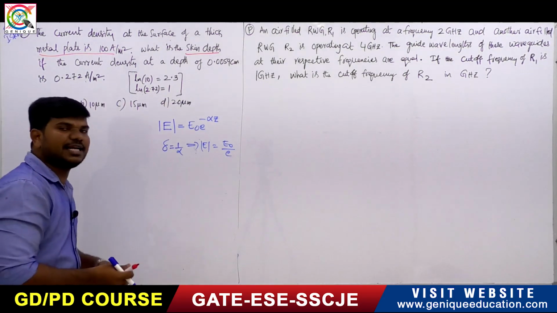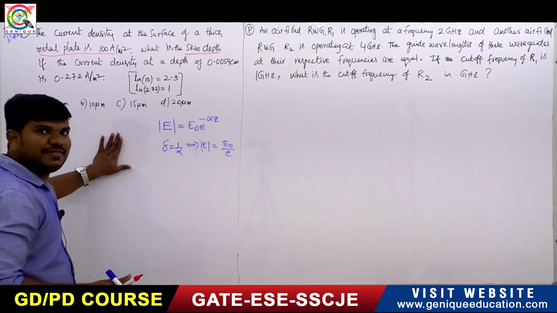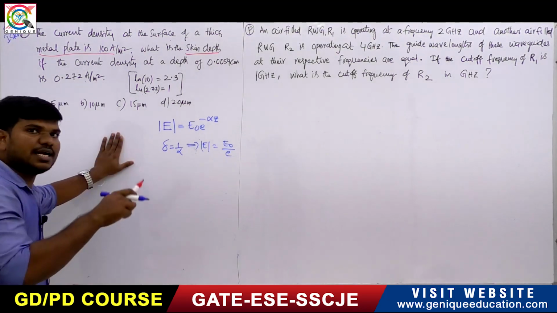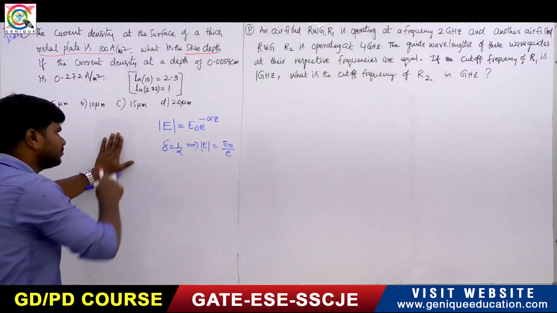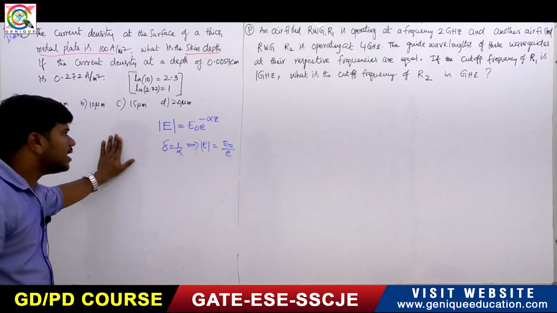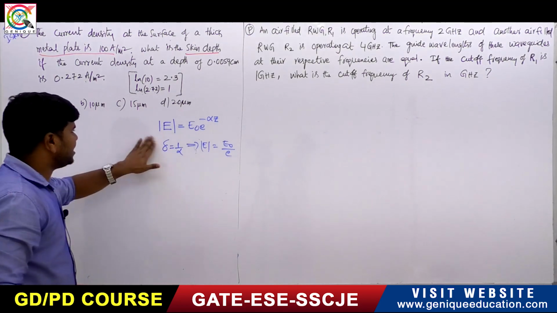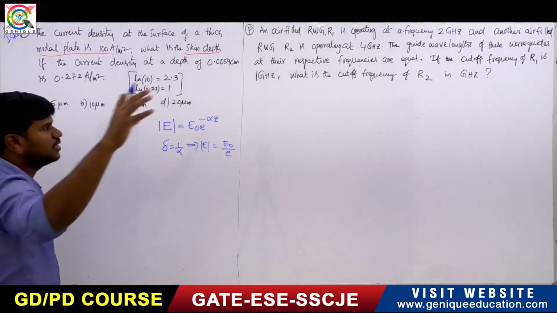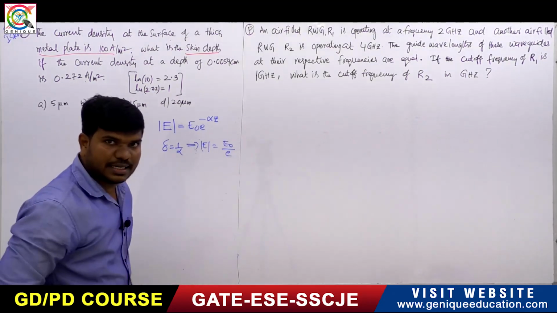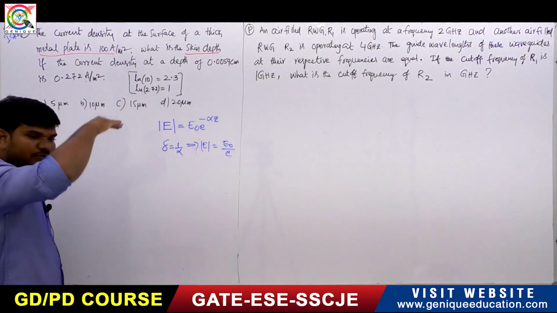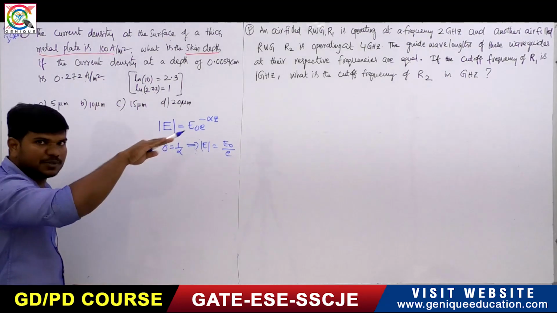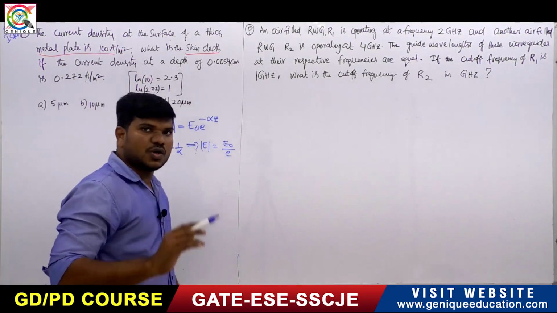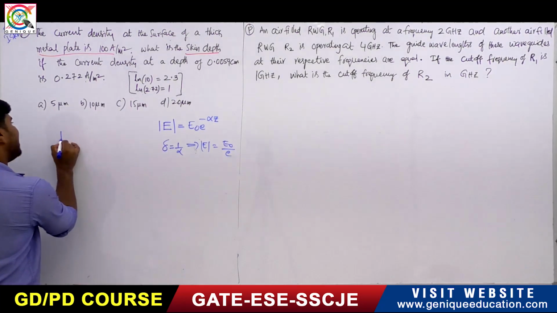Similarly, in this question he has given the current density, and the current density also changes with distance. Whenever current goes into a conductor, from the top surface toward the middle of the conductor, the current density varies like this.